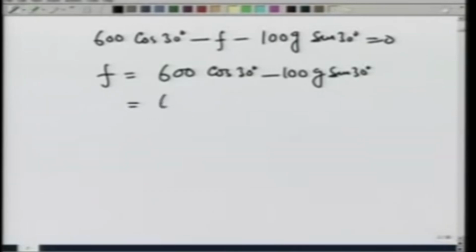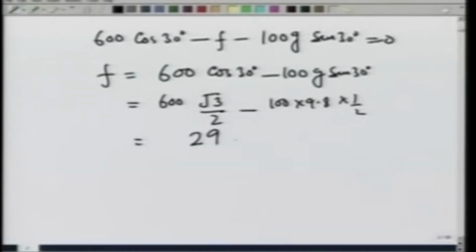This number comes out to be 600 times square root of 3 by 2 minus 100 times 9.8 times 1 over 2, which is equal to 29.6 newtons. So, for equilibrium we require a frictional force of 29.6 newtons. If the maximum frictional force that can be generated is greater than this, the block will be in equilibrium. If not, then the block will start moving.